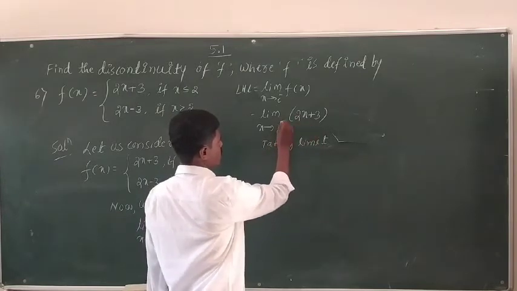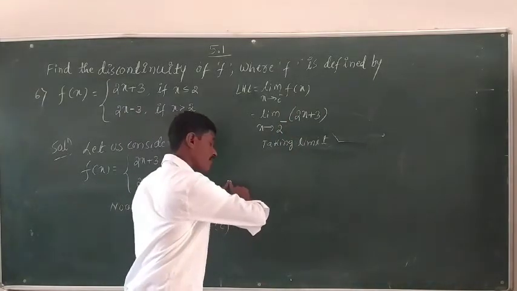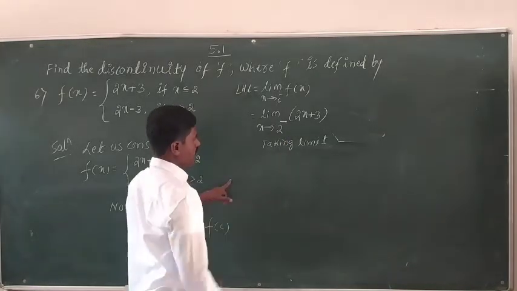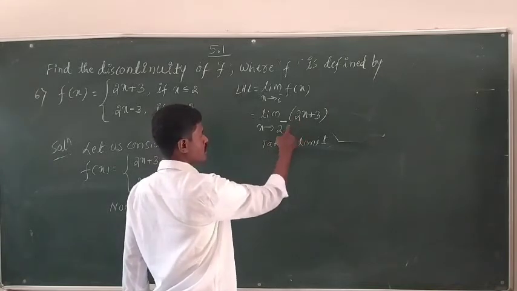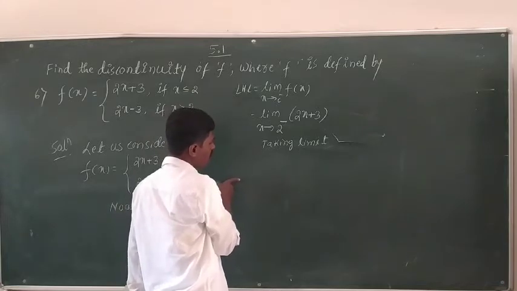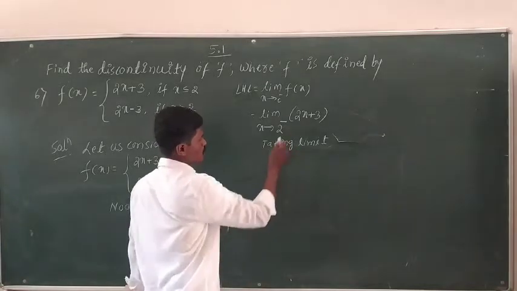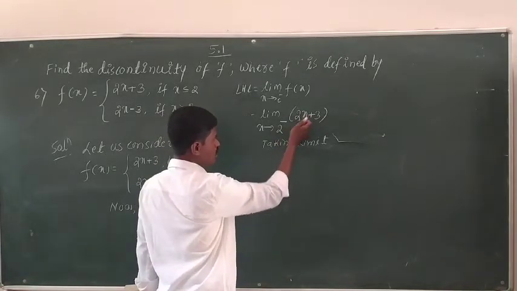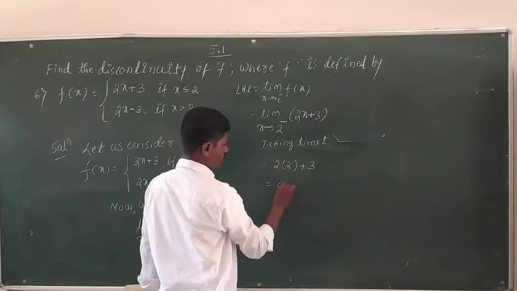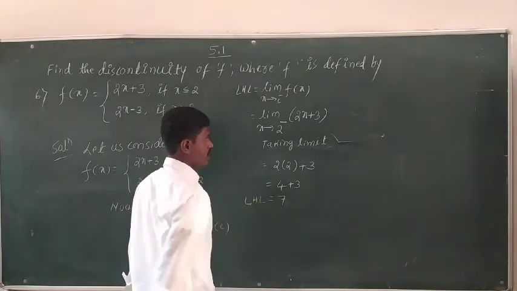The minus sign indicates only that x is moving toward the limit from the left; if it is plus, it is moving from the right. We do not put minus 2 here, because the minus sign indicates the value moving from left to the limit. So put x as 2: 2 into 2 plus 3, that is 4 plus 3, which is 7. So LHL is equal to 7.